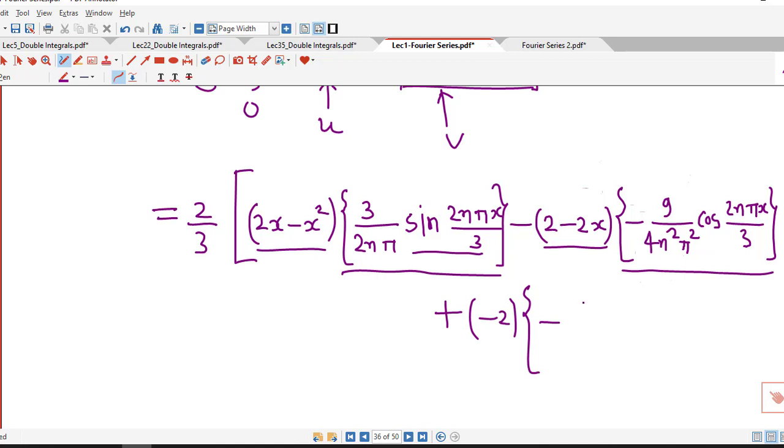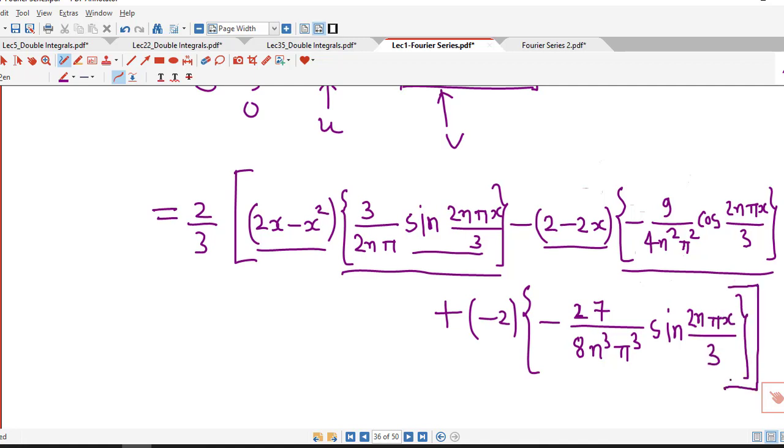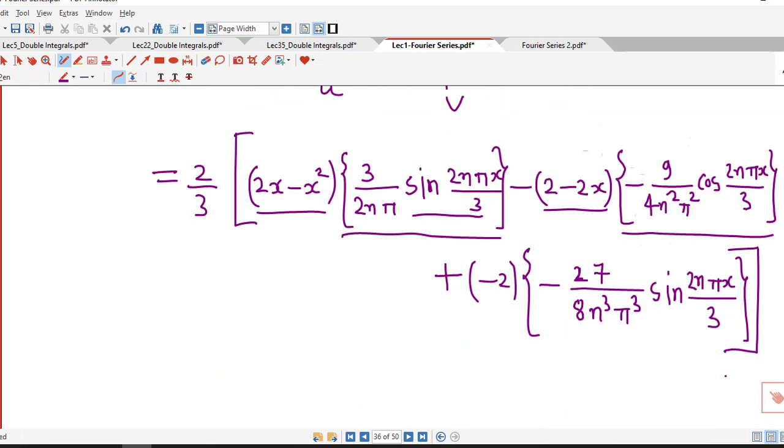So 3 into 9, 27, and 4 into 2, 8, n cube pi cube times sin 2n pi x divided by 3, and the limits of x are from 0 to 3.